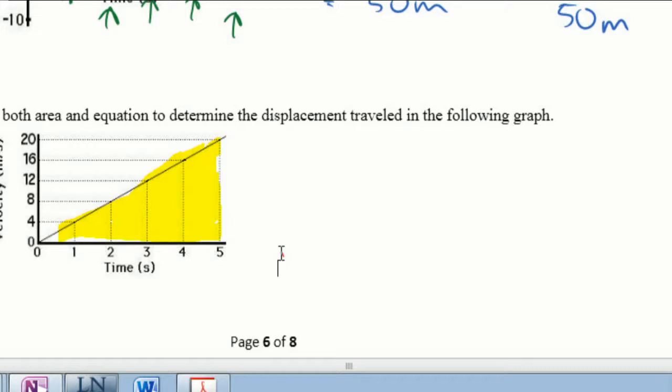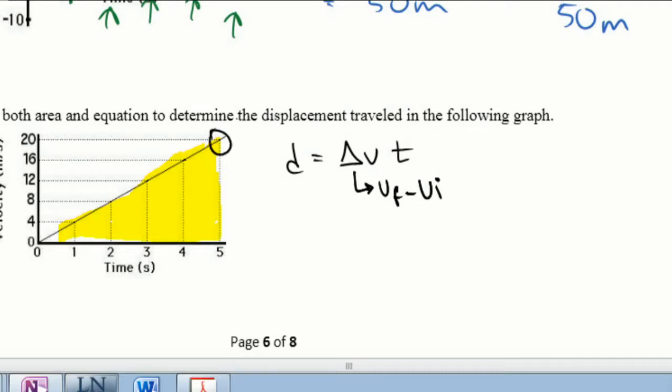Let's take the formula first. Displacement. All right, so my displacement is going to be my change in velocity multiplied by my time. So this is using the formula instead of using the area. So we're going to do the area second. So the change in velocity: I know a change in velocity is going to be my final velocity minus my initial velocity.